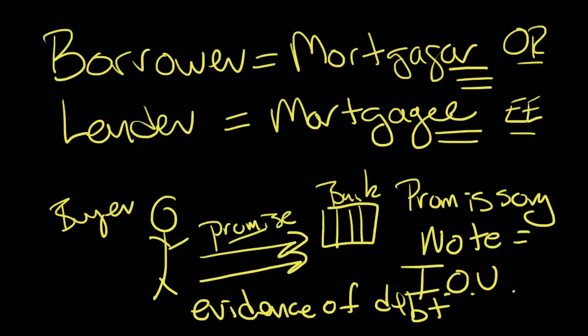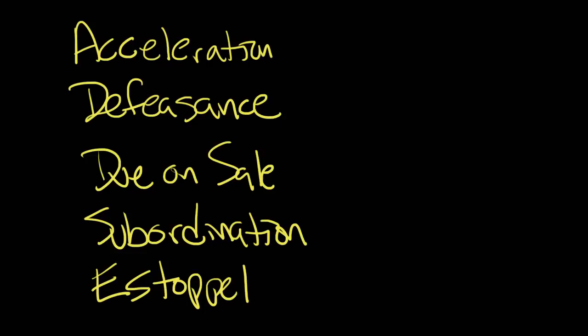Let's take a look at the clauses that make up the note itself. What are these important clauses in the note? Well, the first one is going to be the acceleration clause, and this is going to be the one that benefits the lender, because, heaven forbid, you can't make your monthly payment and you miss too many monthly payments and you're behind.